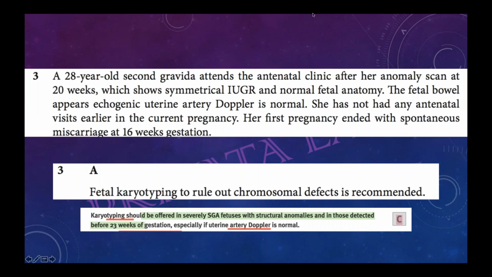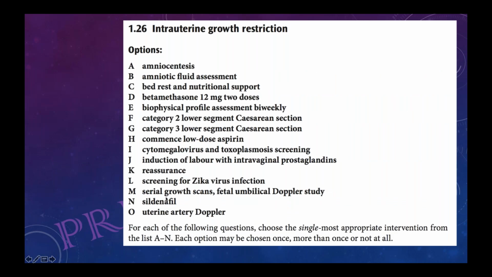Yes, they made it confusing by writing fetal bowel is echogenic. Okay, yeah, you are right. But now see the 20 week symmetrical IUGR. So karyotyping would be the answer.